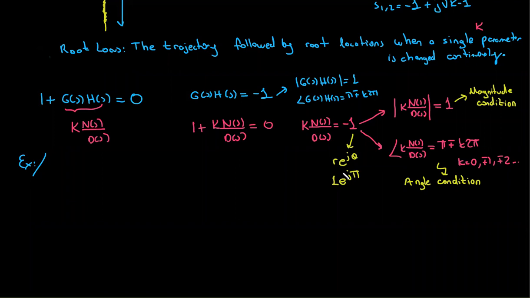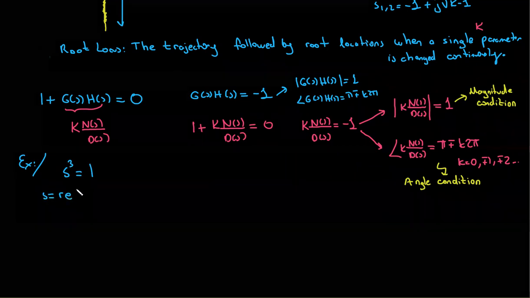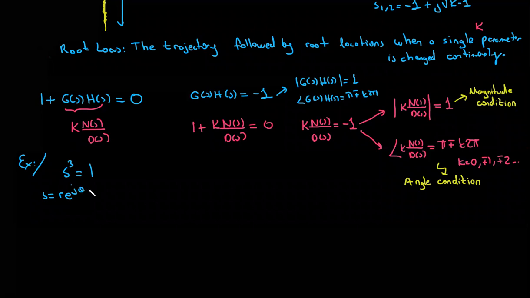Maybe I will show you a simple example, and that will be more evident. Let's try to solve one complex equation by simply trying to find s cubed is equal to 1. Let's find the roots of this equation. As s is a complex number, I can write s as r times e to the power j theta.